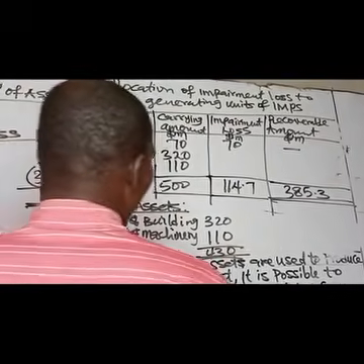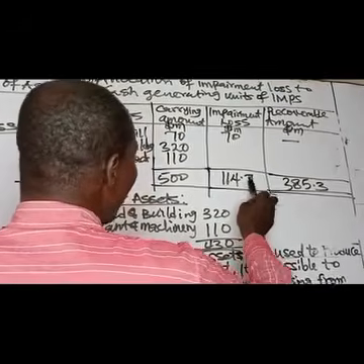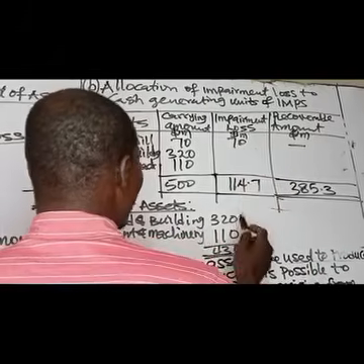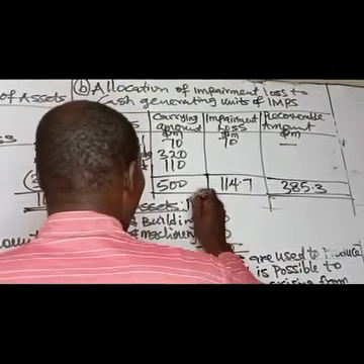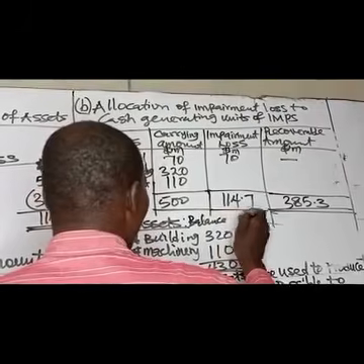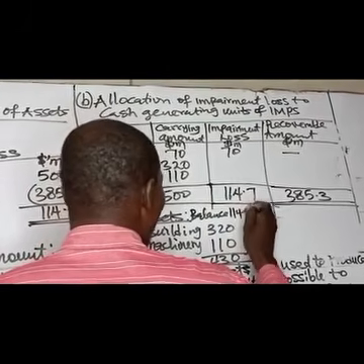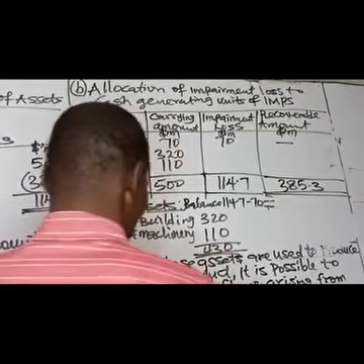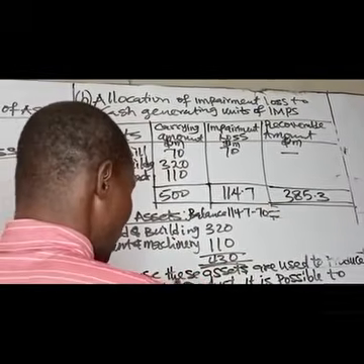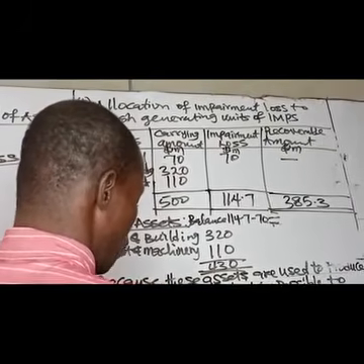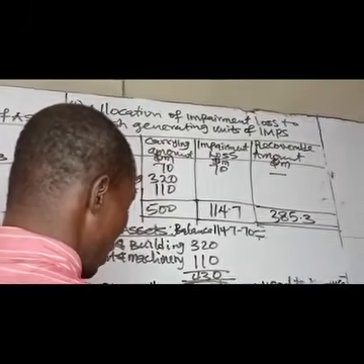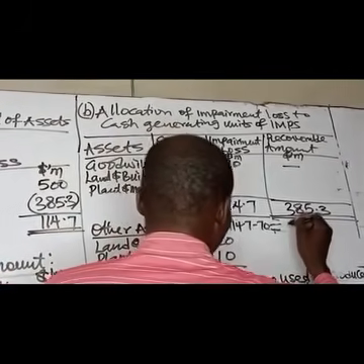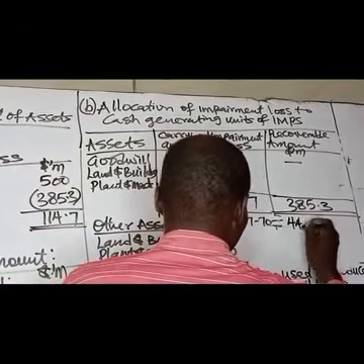Now, of the impairment loss of 114.7, 70 is attributable to goodwill. That means you'll be left with the balance of 114.7 minus 70, which is 44.7.